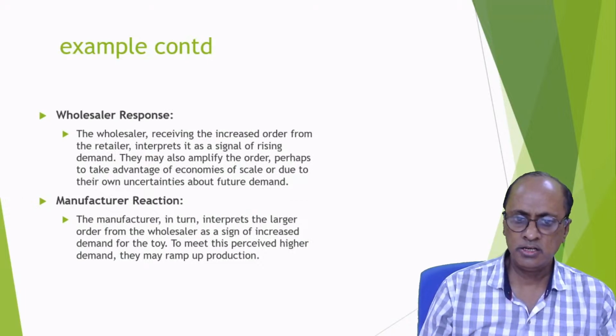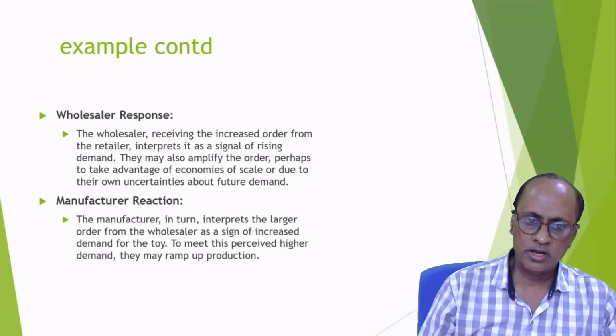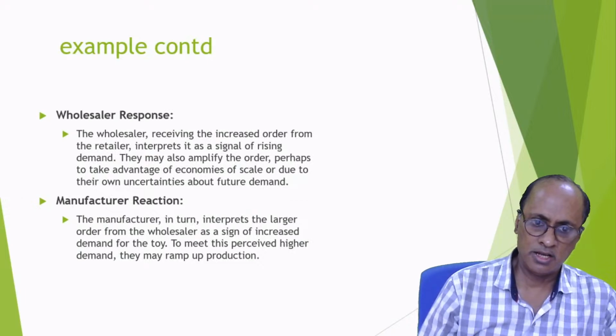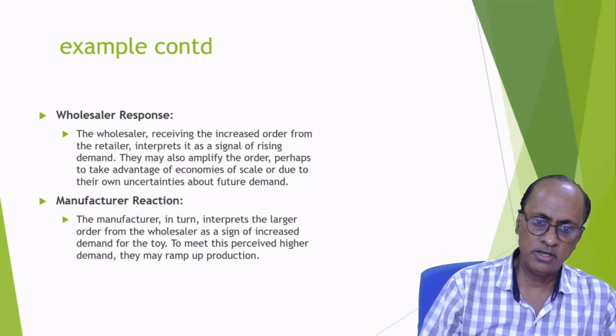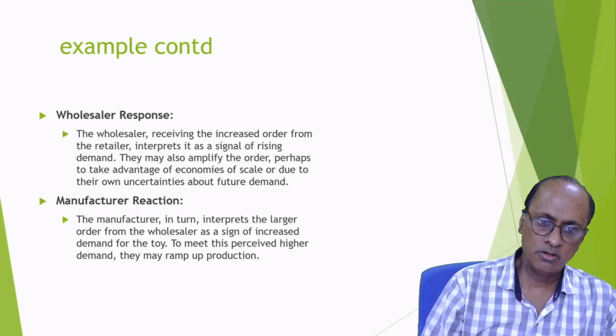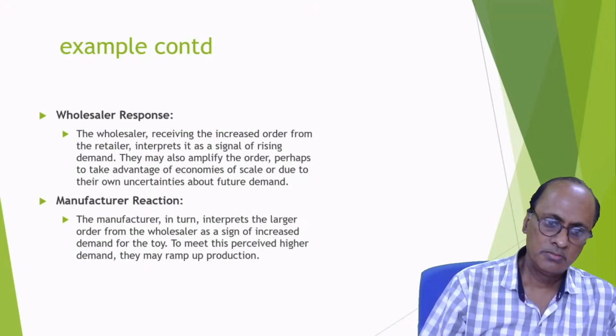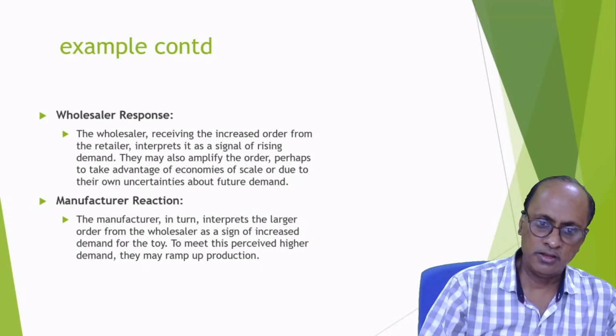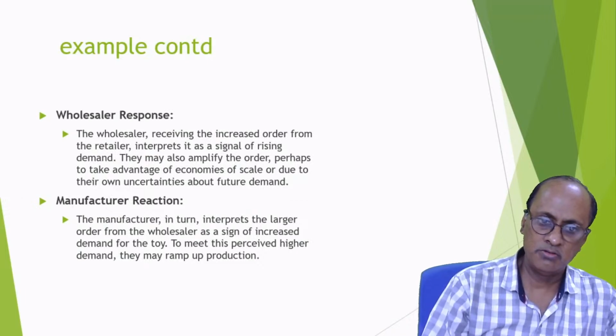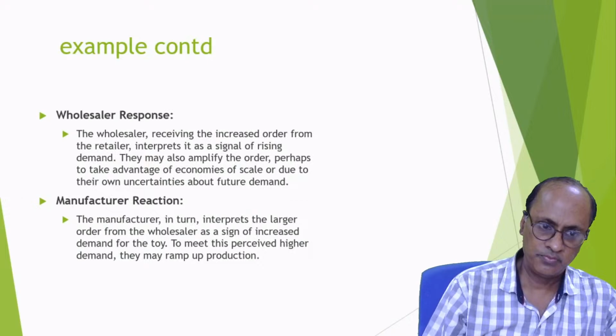So in order to get the economies of scale, that means to get a discount if he orders larger quantities from the manufacturers, or due to their own uncertainty of future demand, he orders a larger quantity. Suppose it is 15%, now he orders for 20%.